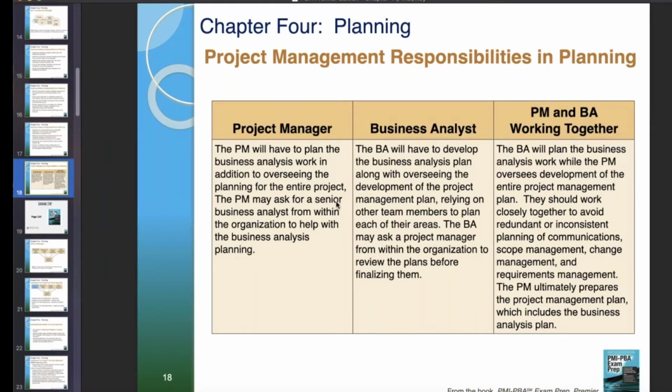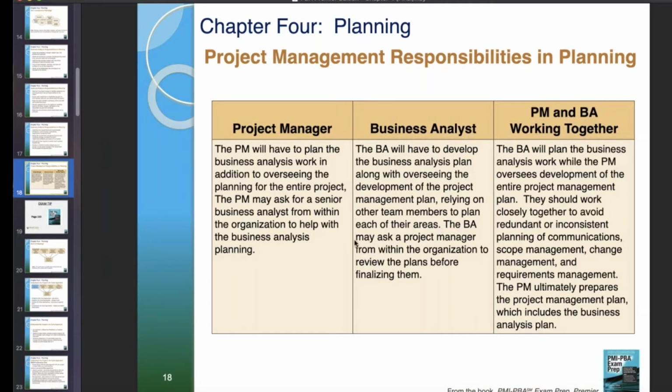The PM may ask for a senior business analyst from within the organization to help with business analysis planning. The BA will have to develop the business analysis plan along with overseeing development of the PM plan, relying on other team members to plan each of their areas respectively.